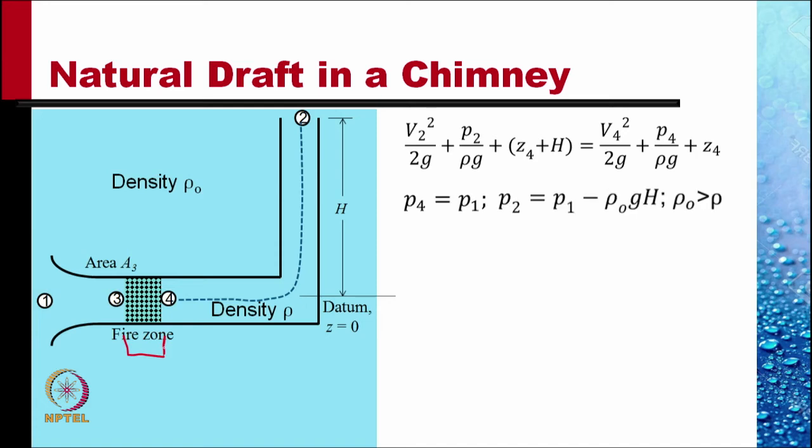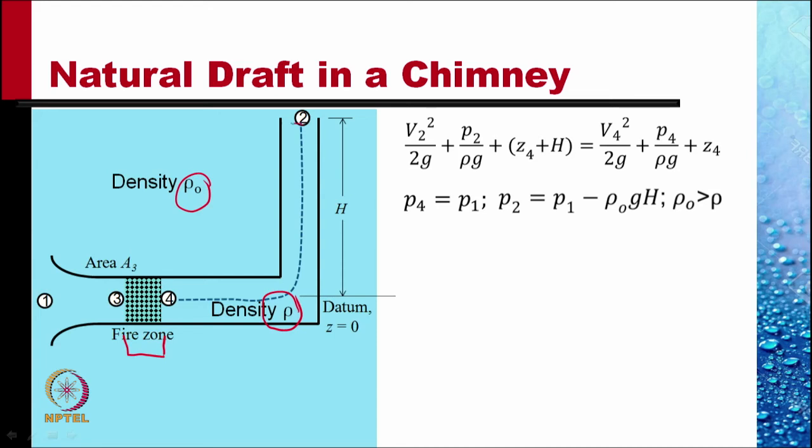P4 is like P1, pressures are same, but pressure at P2, how do we obtain that? Now, let's assume that the gas is heated, the pressure is same, so the density would be lower. Let the density of gases within the chimney be rho, while the density of gases outside, the air outside, is rho naught.